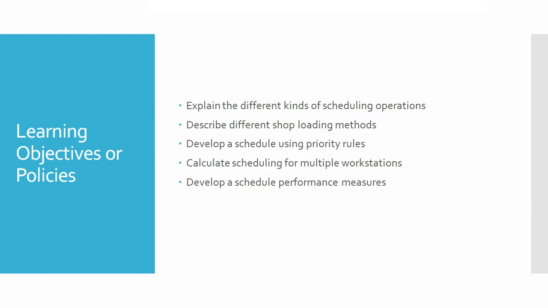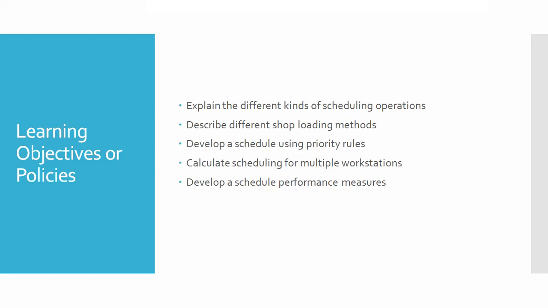Develop a schedule using priority rules. There are different priority rules in scheduling, like n job one machine, n job two machines, n job three machines. Suppose you have to make one particular job and you have one machine. Within the one machine, you put the material and then you will get the job. If you want to modify the structure of the material component, then you have two machines.